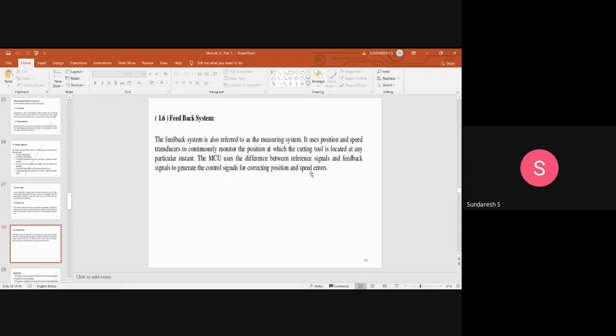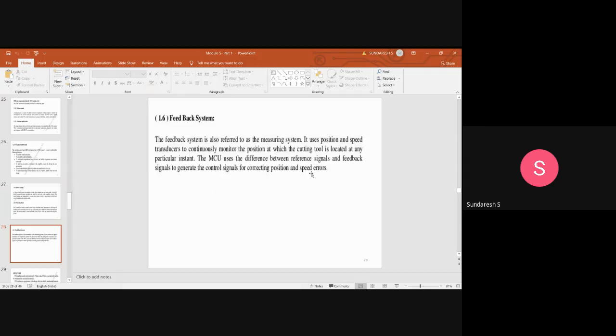Okay, so once the machine has been started, if because of any errors or mistakes you might have made, the tool might be rotating at a different speed, and it might be positioned in a wrong position, then the machine control unit compares the reference signal with the feedback signals. Okay, so if there is any difference, then the MCU will generate the control signals so that errors can be minimized, correcting the position and the speed.